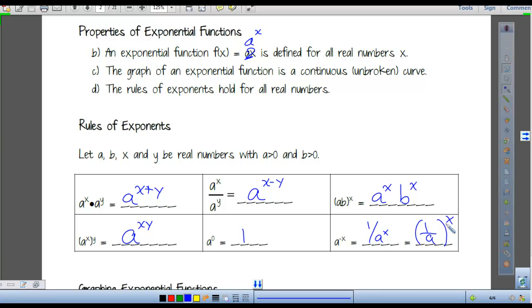Actually, we didn't write that rule up here. I guess we could write another rule. If we have a over b to the x, then that's going to be a to the x over b to the x. We can distribute that exponent to our quotients, okay, just like we could to a product. All right, so you want to be familiar with those rules because we'll be using those.